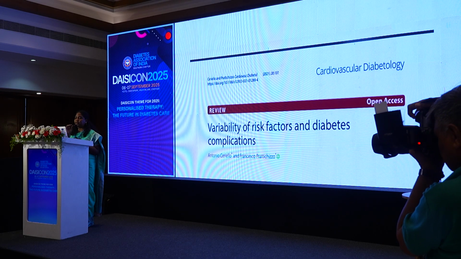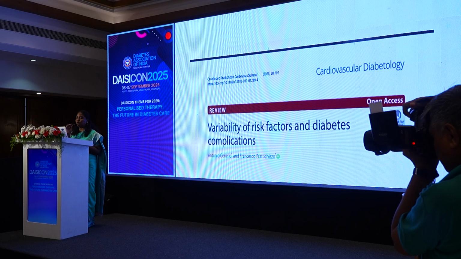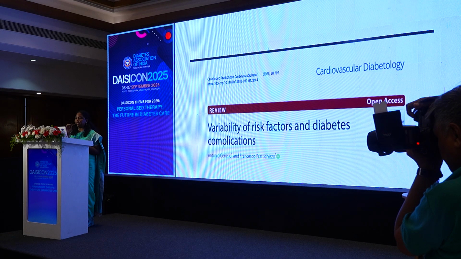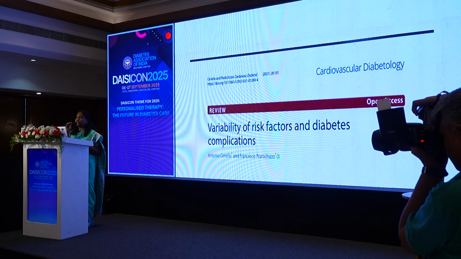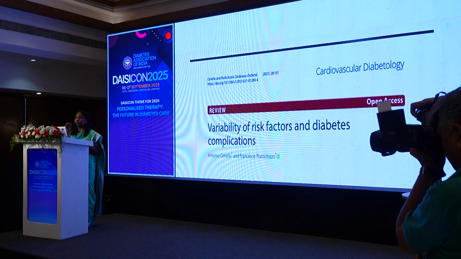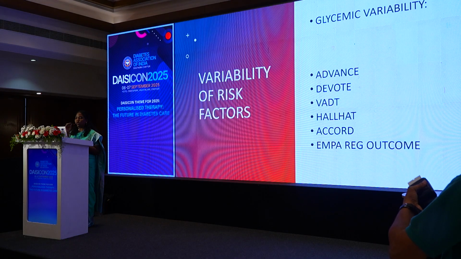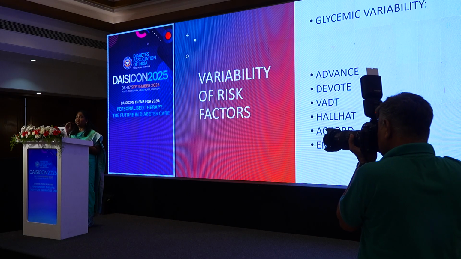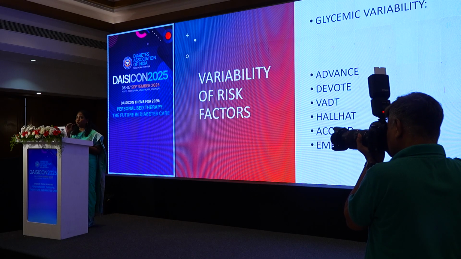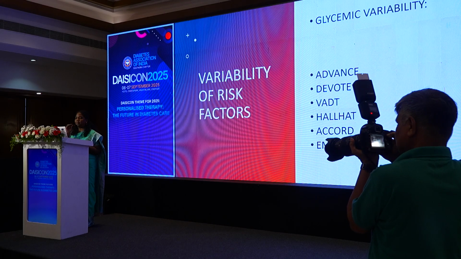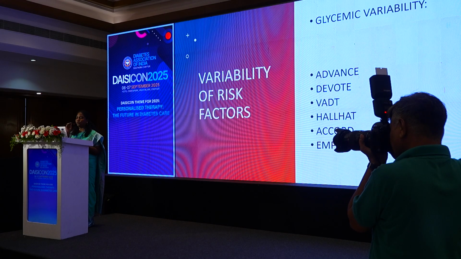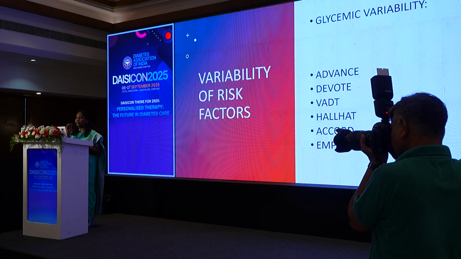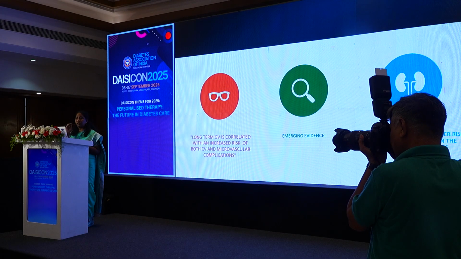This article threw much light on variability of risk factors and diabetes complications, in which he dwelt upon the variability of many risk factors related to diabetes. I'm going to talk about lipid variability. The fact that glycemic variability gives rise to complications in diabetes is well known and well proved by landmark trials like ADVANCE, DEVOTE, VADT, ACCORD and EMPA-REG OUTCOME.